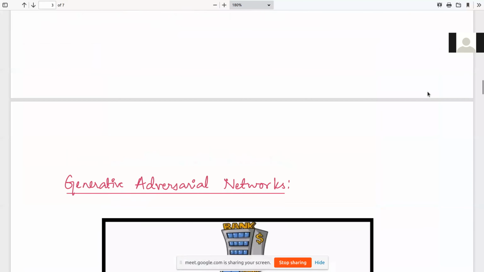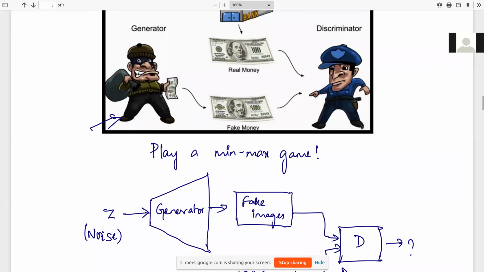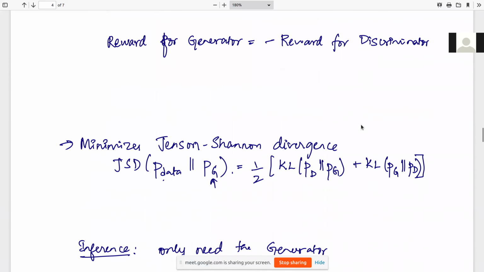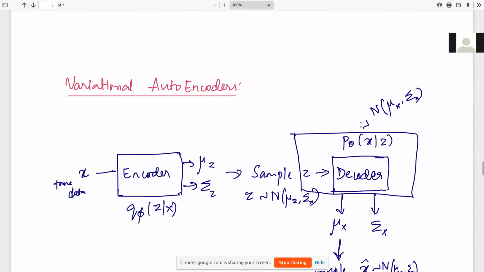So basically, I was talking about variational autoencoders, which is one of the generative methods, in which we have an encoder and a decoder. We give true data, the training data, and predict the mean and the covariance of a distribution representing q phi of z given x.